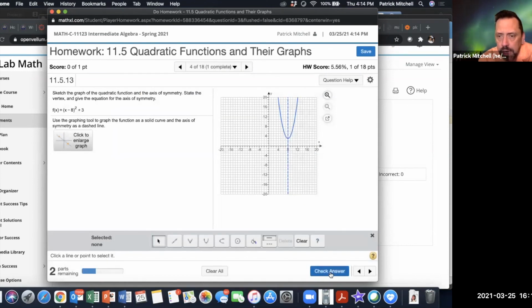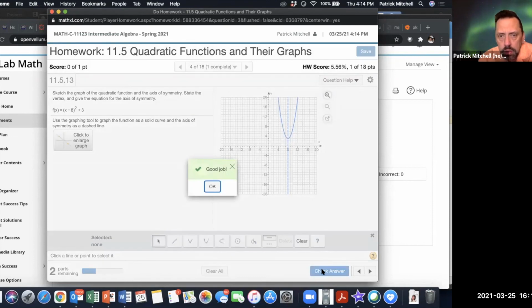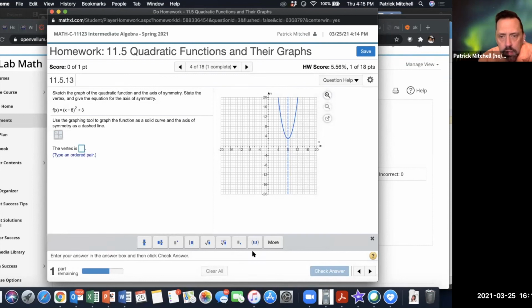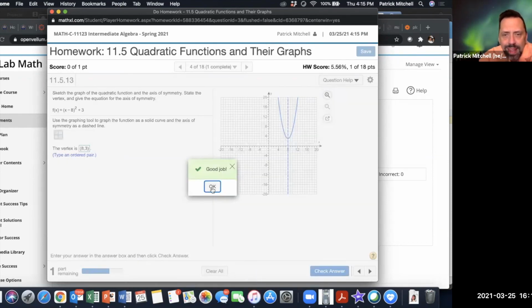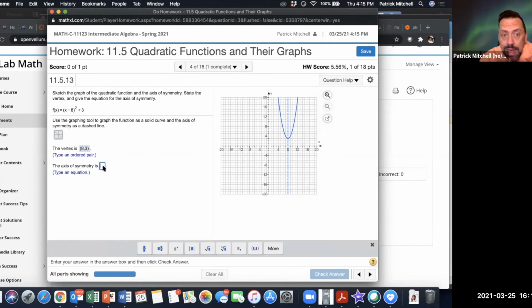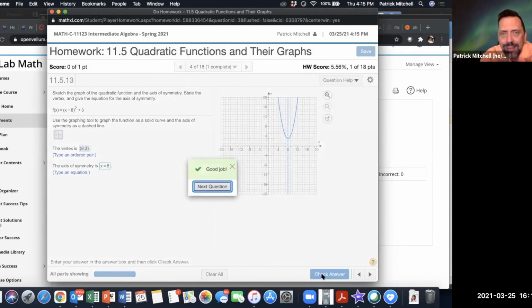I'm going to check my answer. Woohoo! The vertex is (8, 3). And the equation of the axis of symmetry is x equals 8, right? All right, there it is.